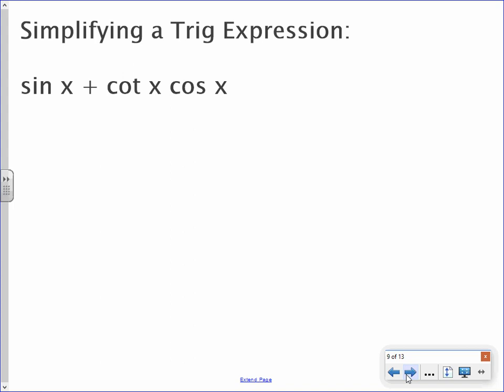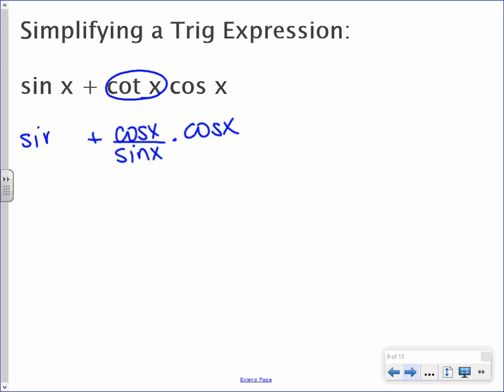Okay, we know that cotangent of x is the same thing as cosine of x over sine of x. Now, we're multiplying cosine x over sine of x to cosine of x, which there's like an invisible 1 there, right?